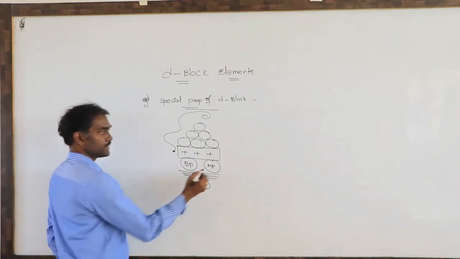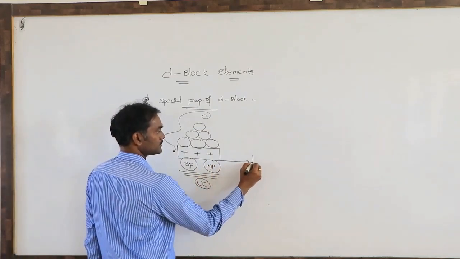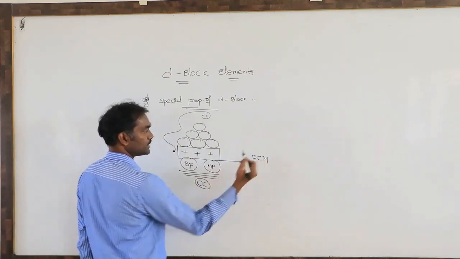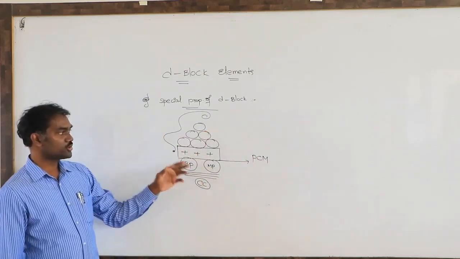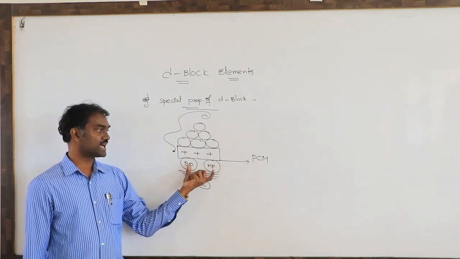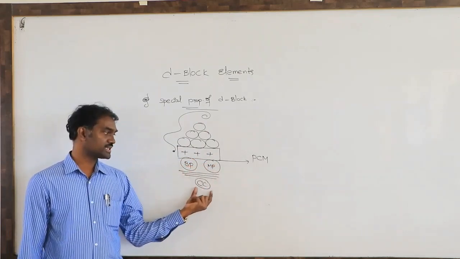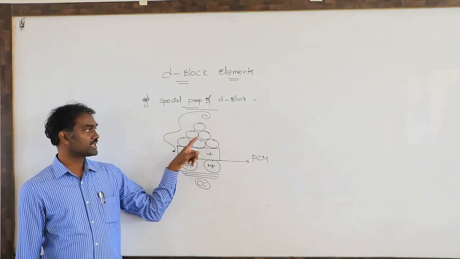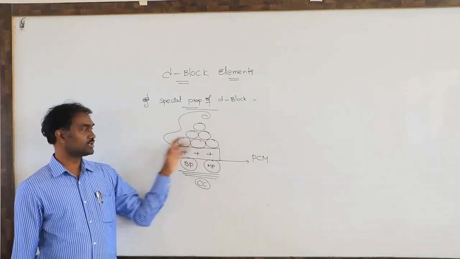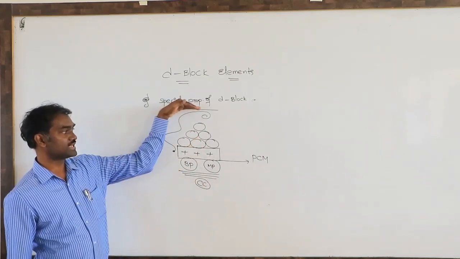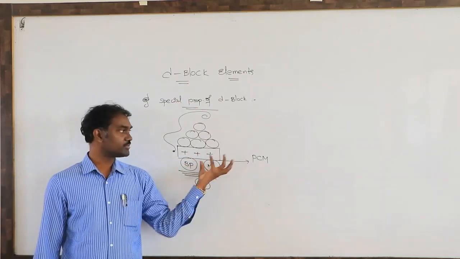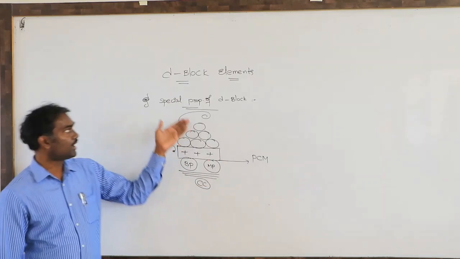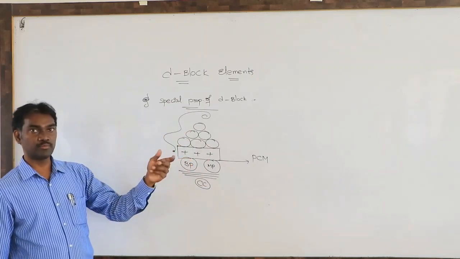Suppose you see this, it looks like a chariot moving on the road. A God idol will be there, and upon that an umbrella. Next, this is pulled by PCM students. If you remember this much, all our special D block properties will be covered.